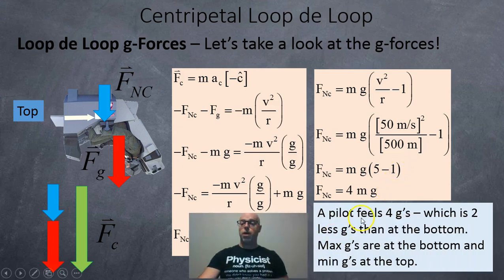So a fighter pilot will feel 4 Gs at the top of this loop, which is exactly 2 Gs less than the bottom. So in a loop-de-loop, you will get your maximum Gs at the bottom and your minimum at the top. If you do maintain a constant speed, there'll be a difference of exactly 2 Gs. But in real life, like a roller coaster, you actually have less speed as you go up, so there's even more of a difference.